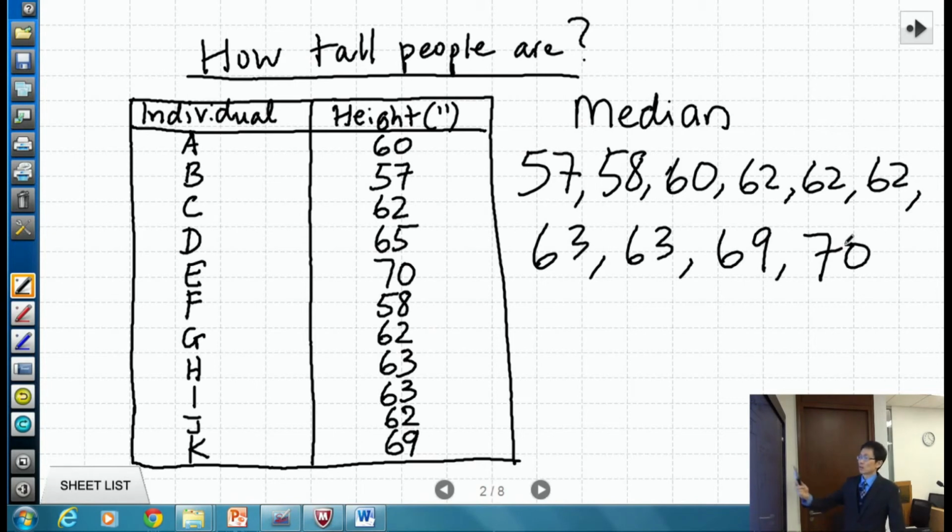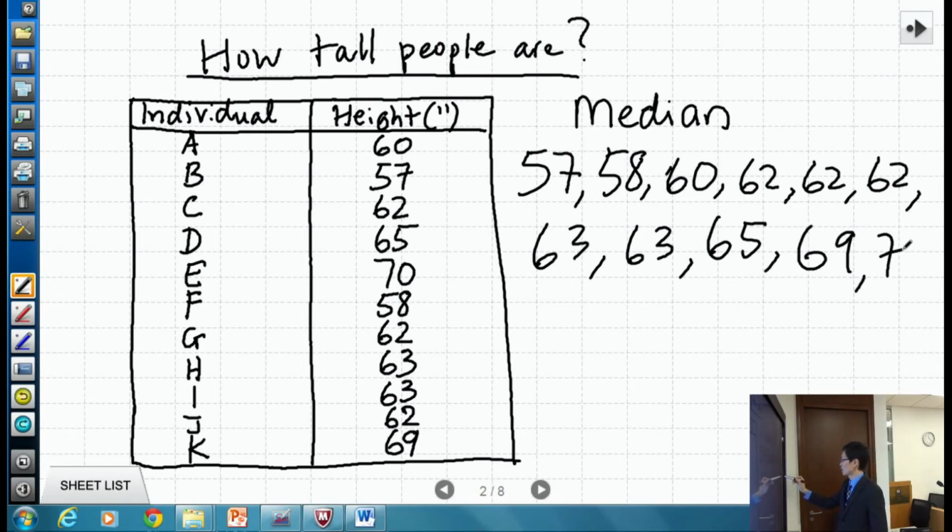Now, what is the middle score in this whole distribution? 1, 2, 3, 4, 5, 6, 7, 8, 9, 10. We are missing one more number, 65 here. Okay, let's count again. 1, 2, 3, 4, 5, 6, 7, 8, 9, 10, 11.